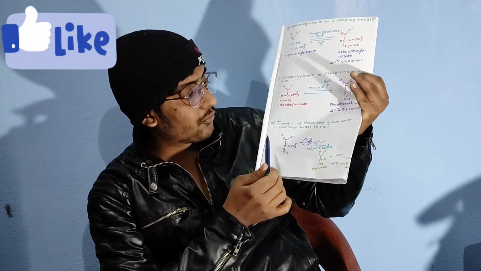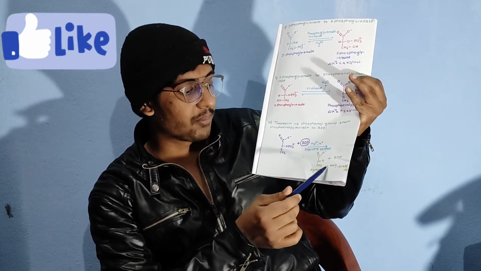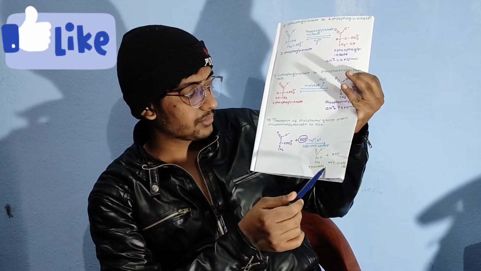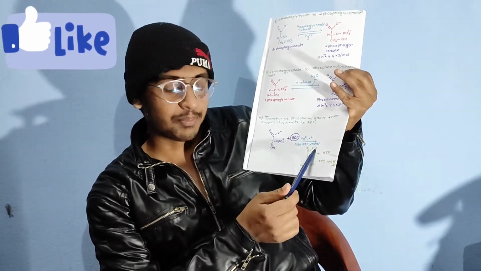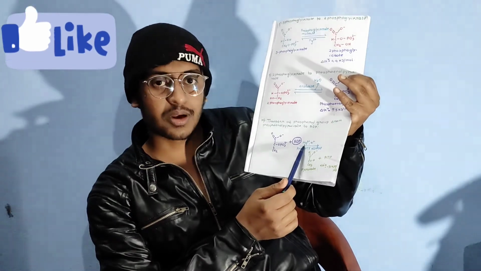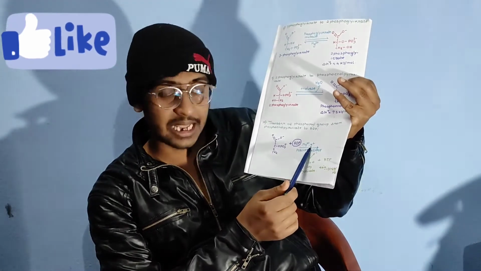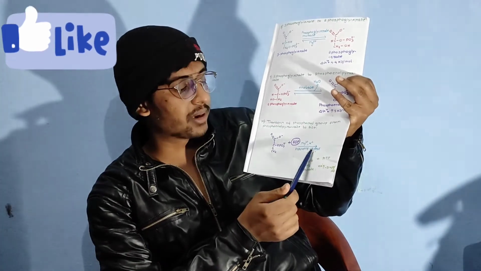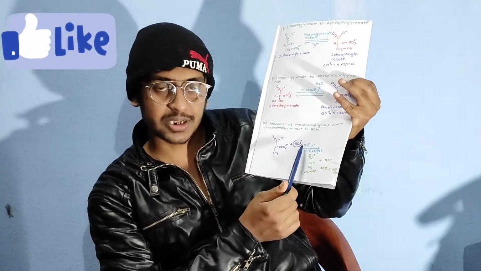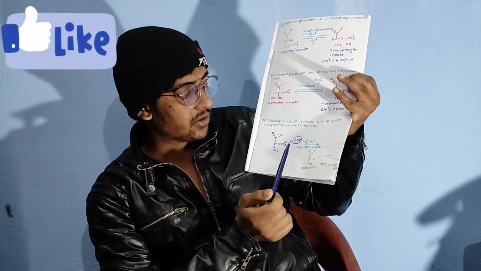Phosphoenol pyruvate is transformed into pyruvate, and this reaction is catalyzed by pyruvate kinase. Mg2+ or Mn2+ and K+ are needed for the function of pyruvate kinase.